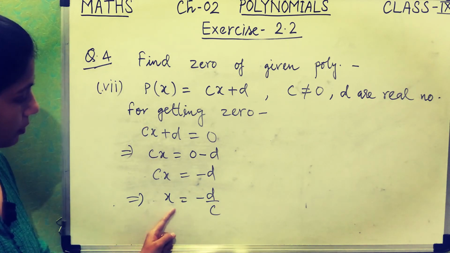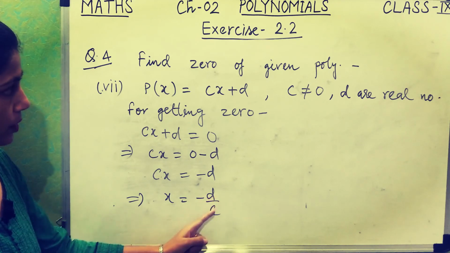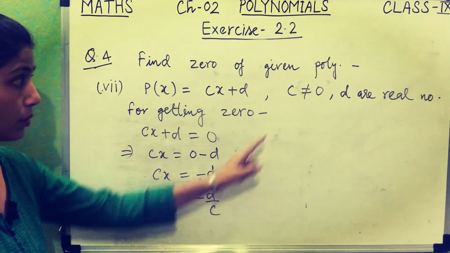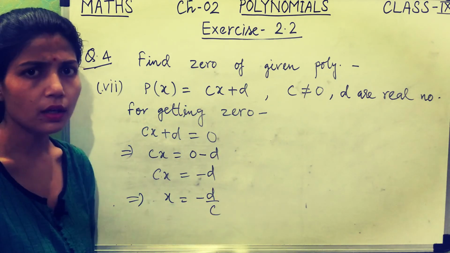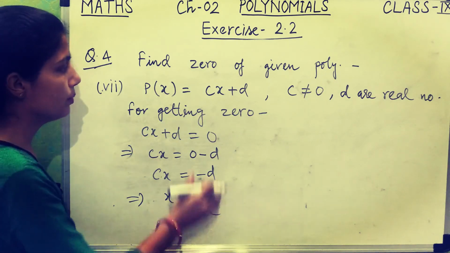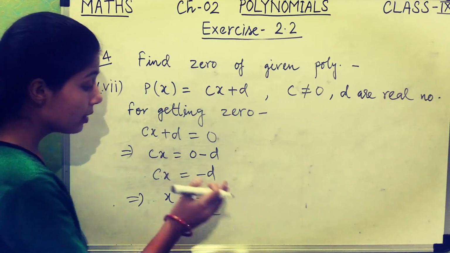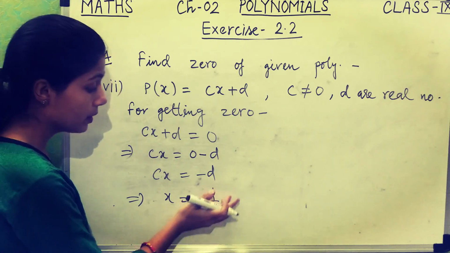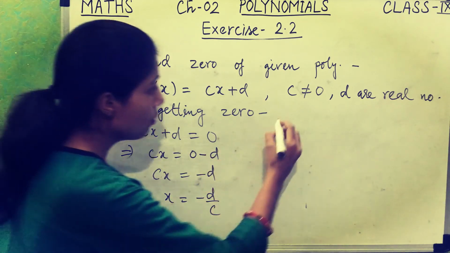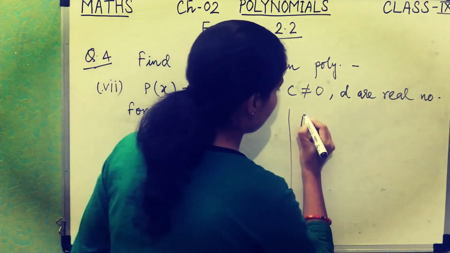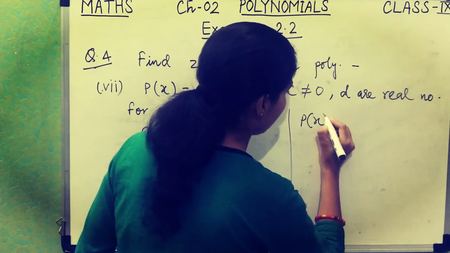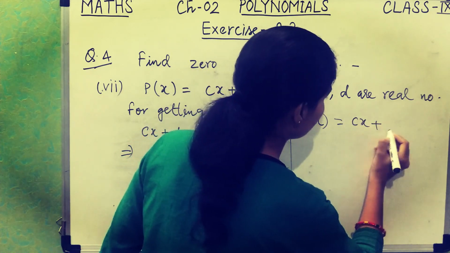So x = -d upon c, where c is not equal to 0 as you have been given, and d can be any real number. So this is the zero of this equation, and you can also verify it after finding this. How? You have to put this value in this polynomial p(x) = cx + d.